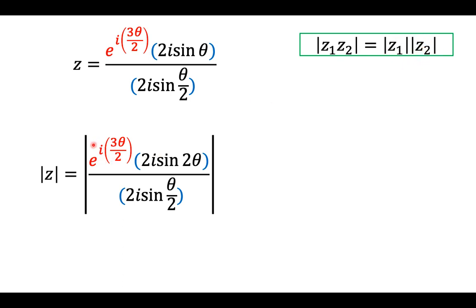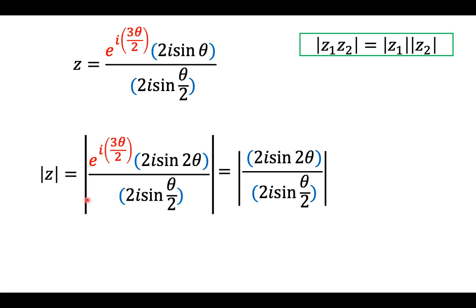So here we observe that this number has a modulus of 1 because the coefficient, remember, it's re^(iθ), where r is the modulus of a complex number. So here there's a coefficient of 1, so the modulus of this number is 1. So we can actually ignore it altogether, and we end up with this.